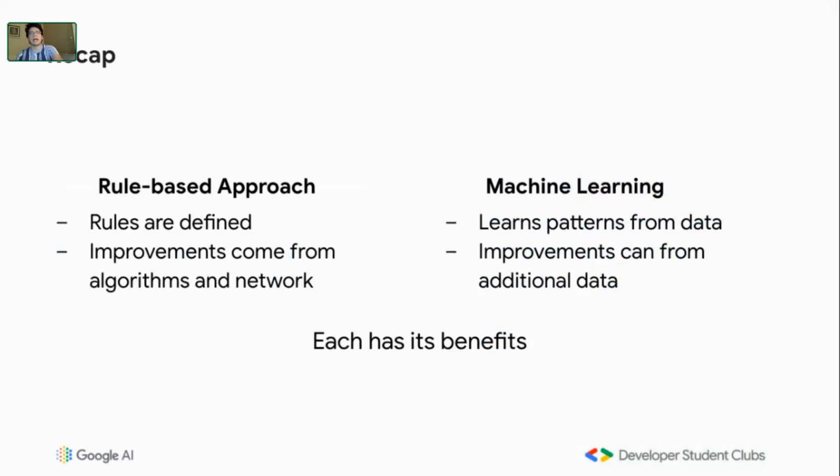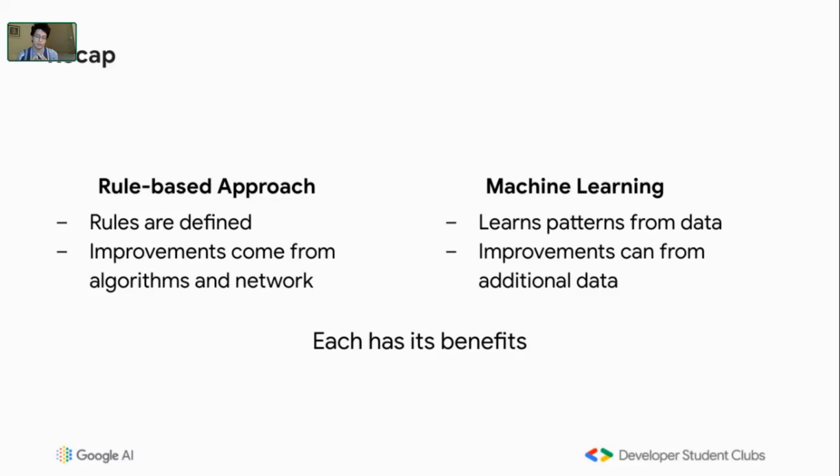Because if we're dealing with something that has a lot of variation, like images or drawings, but we want to classify it as something, or do something to it, we need to know that it's there, right? This is really difficult with a rule-based approach because you're making the rules, so you're assuming it'll be in one type, rather than machine learning that learns the patterns from the data that we get.